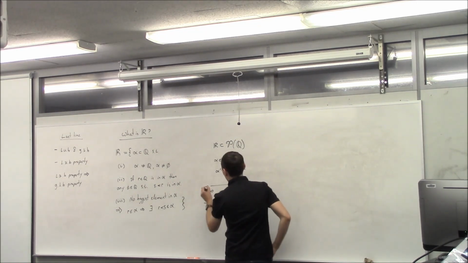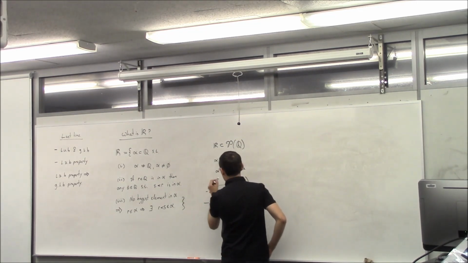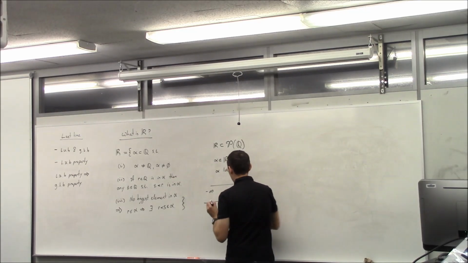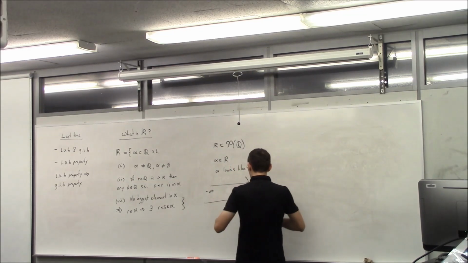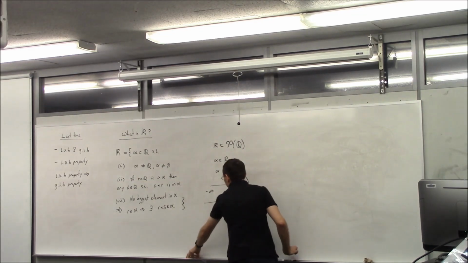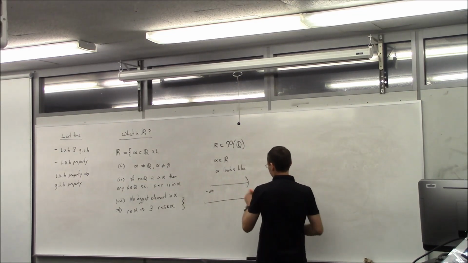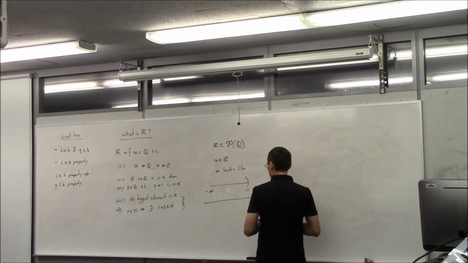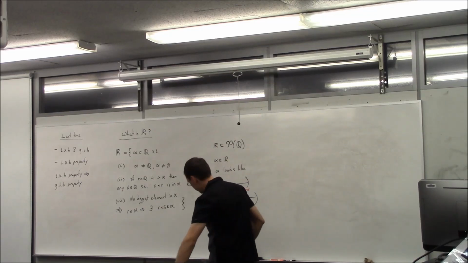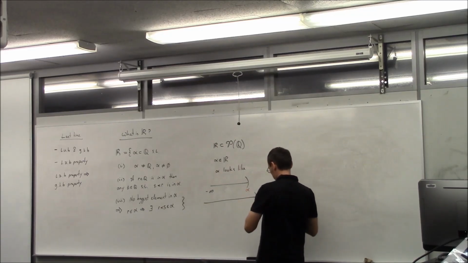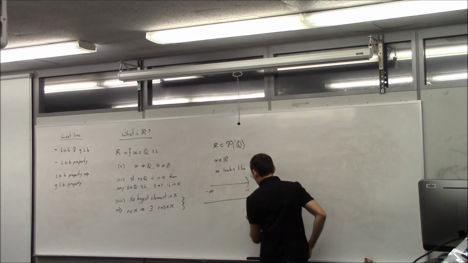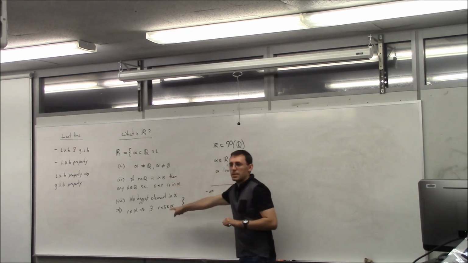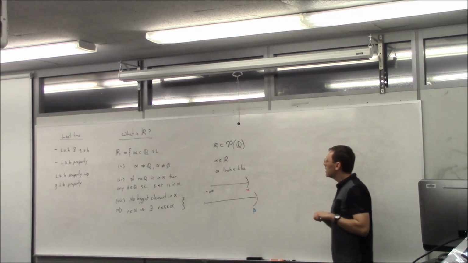So this I call alpha, and this I call beta. If you look at those descriptions, they satisfy the description.